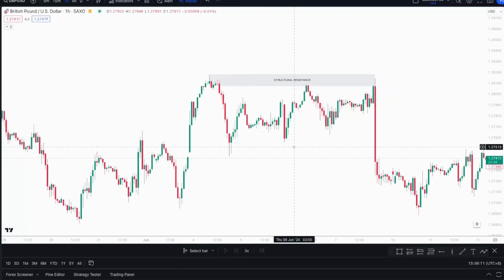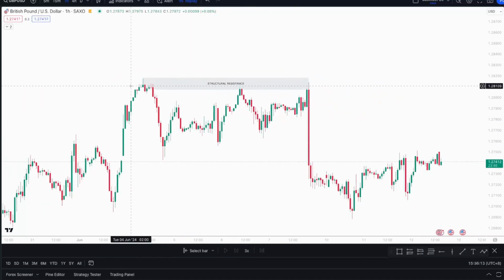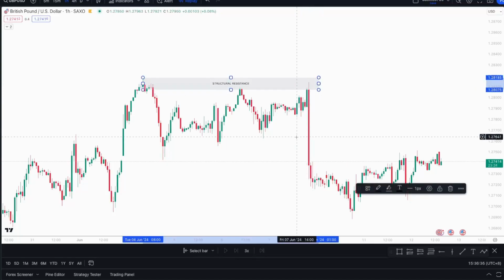And the last one is an example of structural resistance. Why? Because when price hit a resistance level, it moves down, creates some structure over here, and then comes back up again, creates some structure, and then comes back up again. And as per my slide before, the most probable direction is to continue lower.